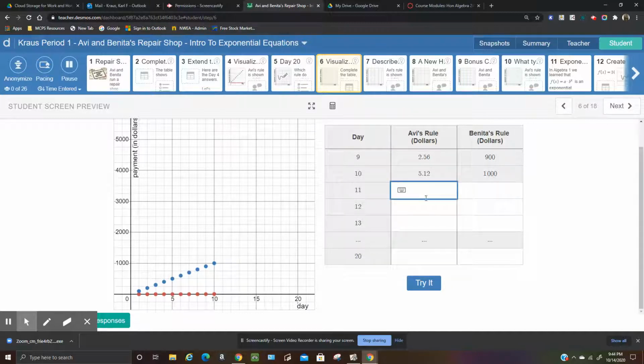All right, so this would be 1024, 2048, and then 4096.